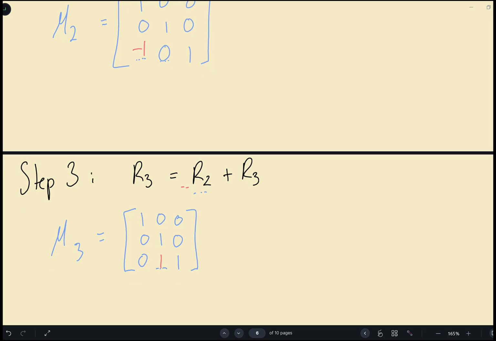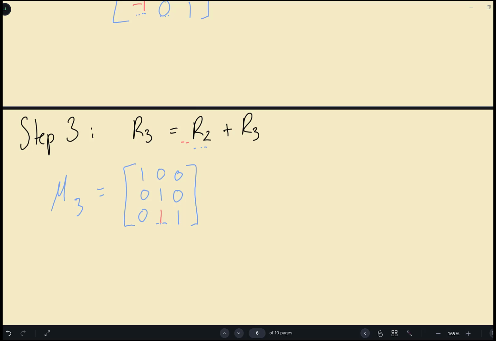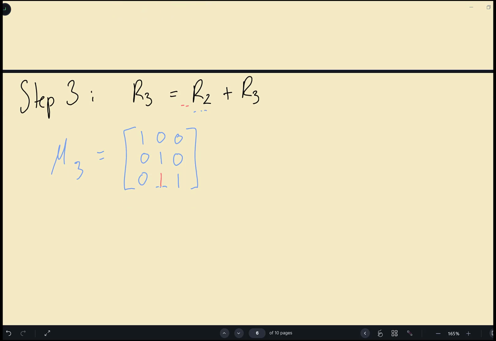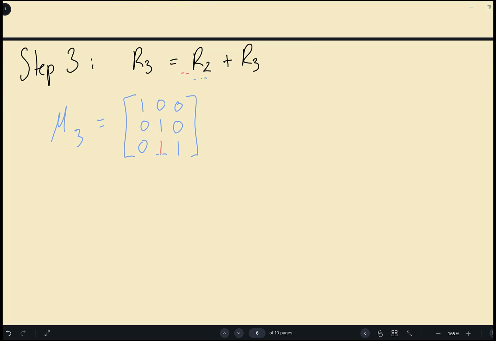So now the goal is to find the L, right, the lower triangular matrix. And what we need is to find the inverse of each one of these elementary matrices. So now we have M1, M2, and M3.